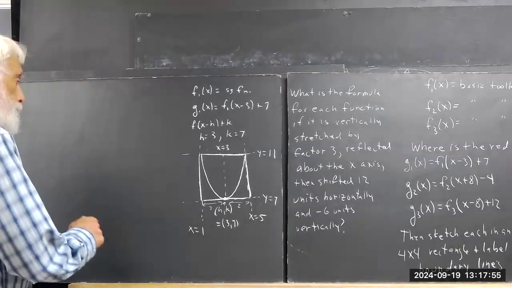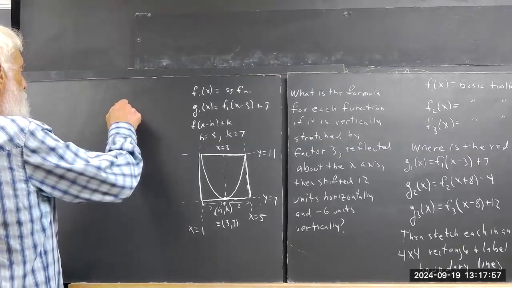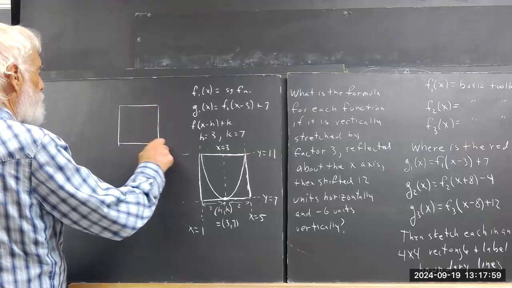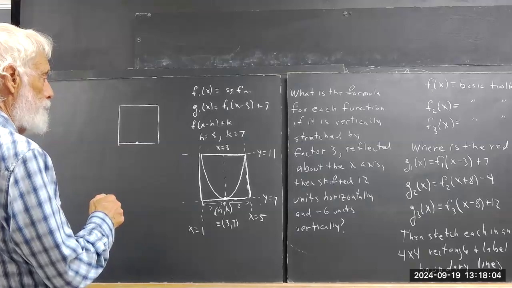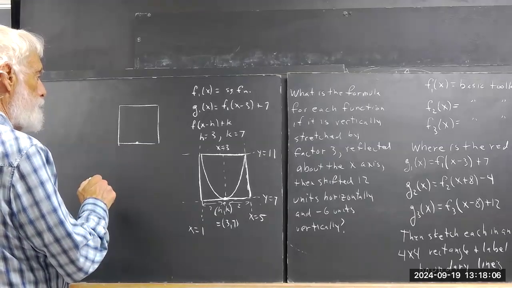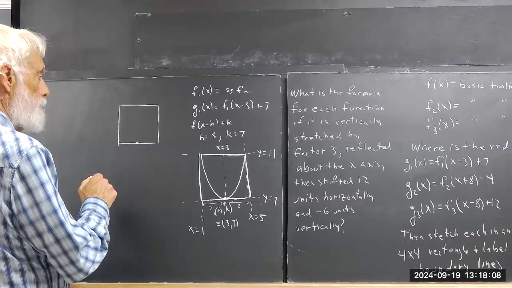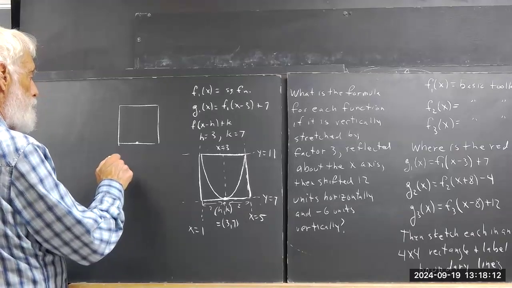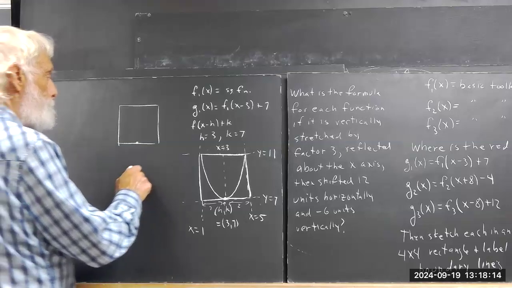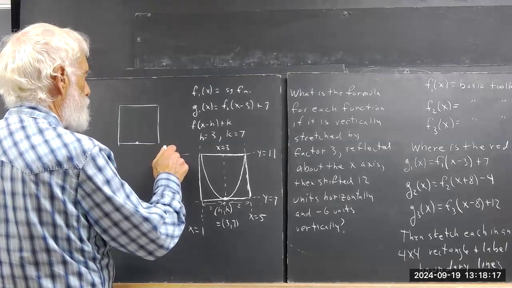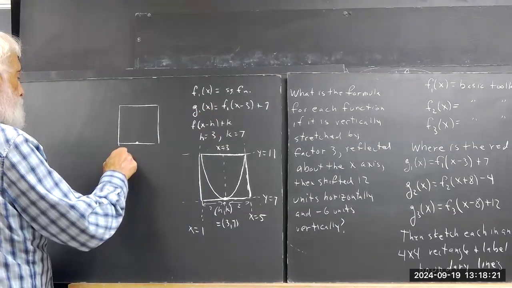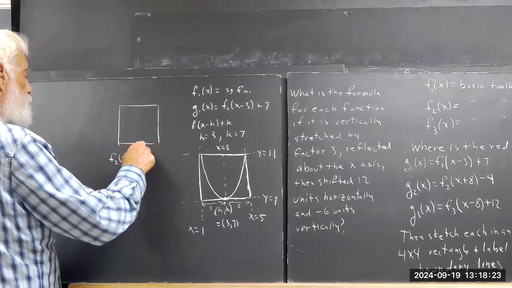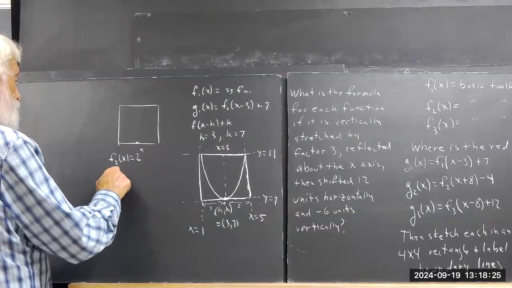And then the other graphs. The exponential function, red dot is still here. So that's 2 to the x.